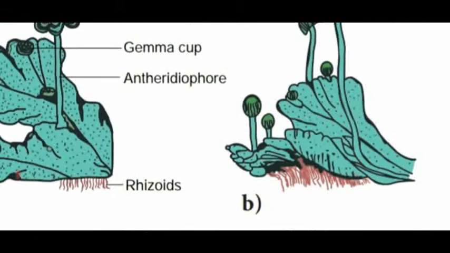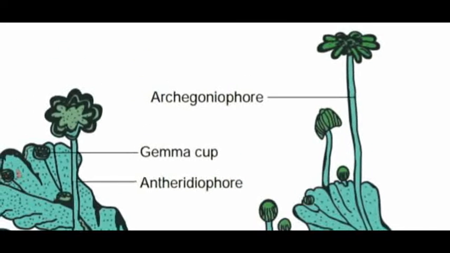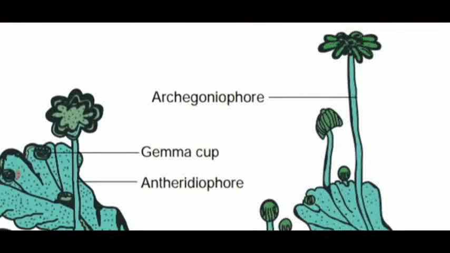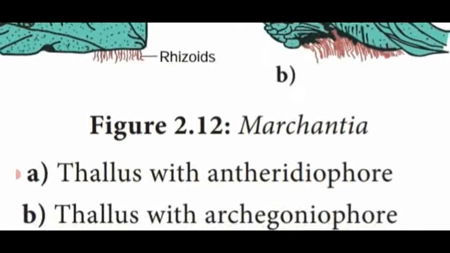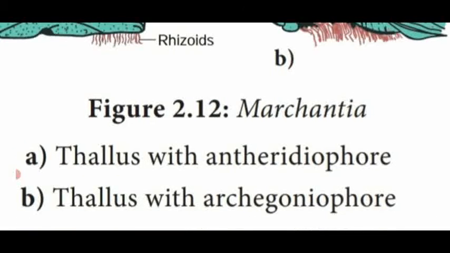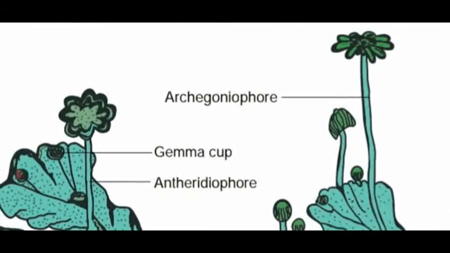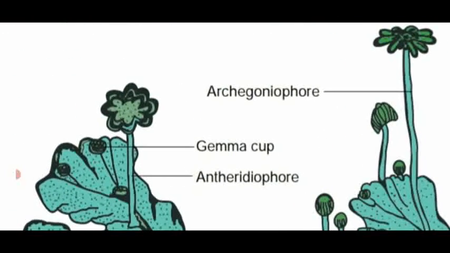Next diagram is the female thalli producing a long stalk called receptacle or gametophore, that is archegoniophore, which produces flask-shaped archegonium at the tip, producing egg or ova. So these two are the thalli with a male sex organ and female sex organ.